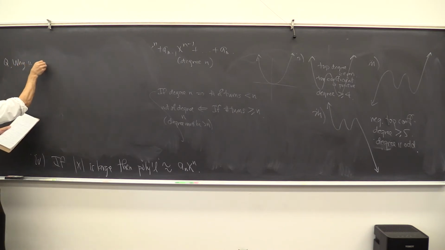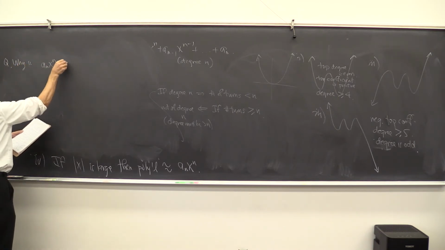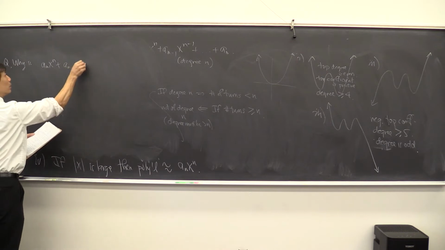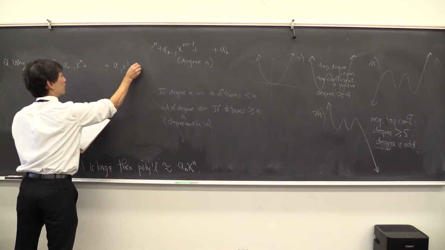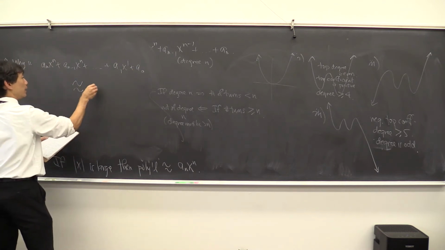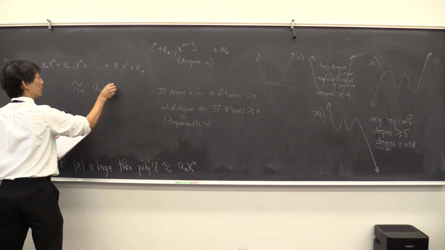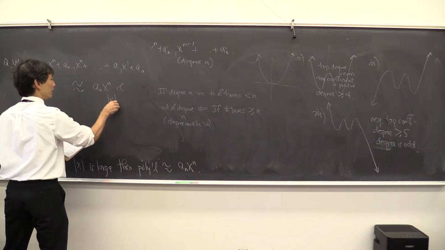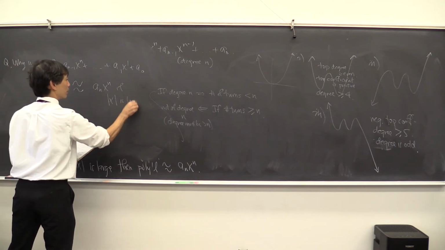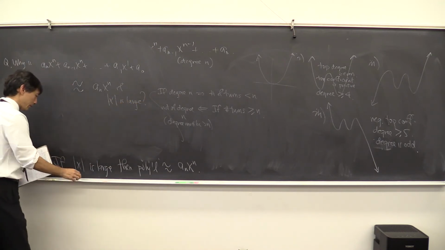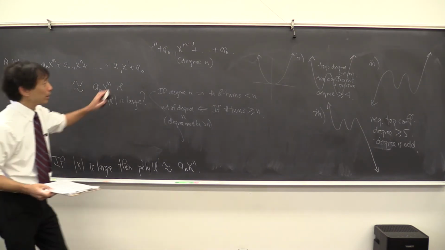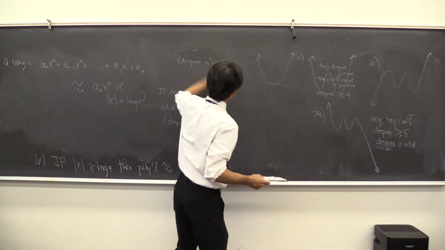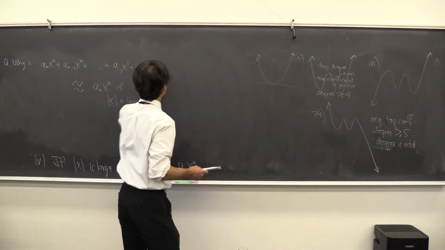A polynomial is basically like its top term if the absolute value of x is large. So I'm just going to give you some sense of how people make arguments in mathematics.